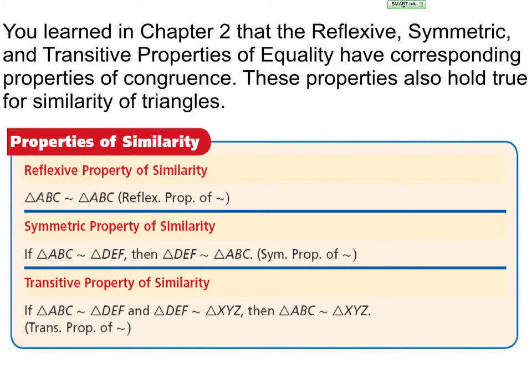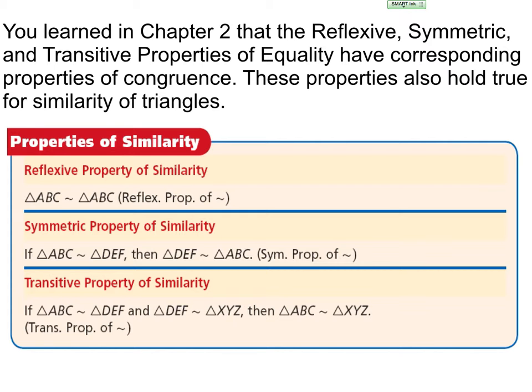So if you have the first one, triangle ABC, similar to the second one, triangle DEF, then would triangle DEF be similar to triangle ABC? It doesn't really matter which one you think of first, they're still similar. Now, if you were thinking through transitive, you would need to be picturing 3 triangles.